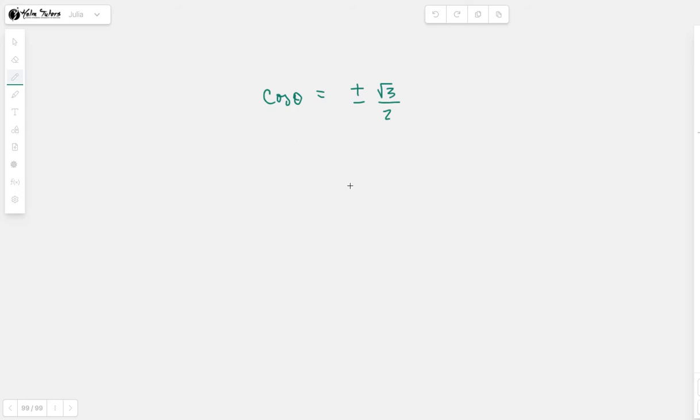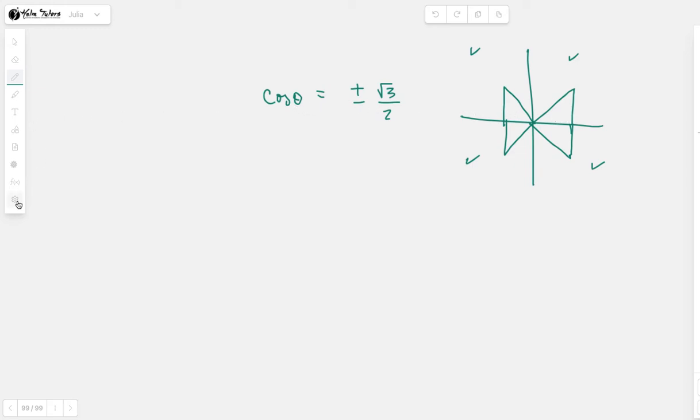Got it. So then once you're there, since it's both plus or minus, because you had to take a square root, you're looking at positive and negative values of cosine. That means you're looking in all four quadrants. Because it's positive in two of them, negative in the other two. So what you would do is draw reference triangles on all four quadrants, 1, 2, 3, 4, and label the reference triangles so that cosine is root 3 over 2.